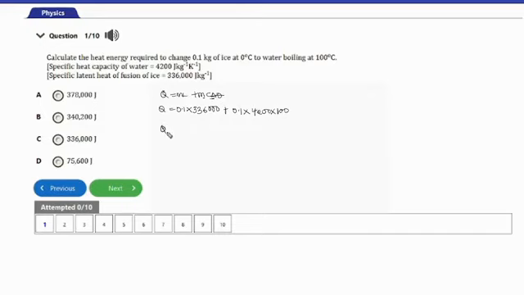If we have the product of this and add them together, we're going to have 75,600 joules, and that's option D here. So let's go ahead and consider the next question.